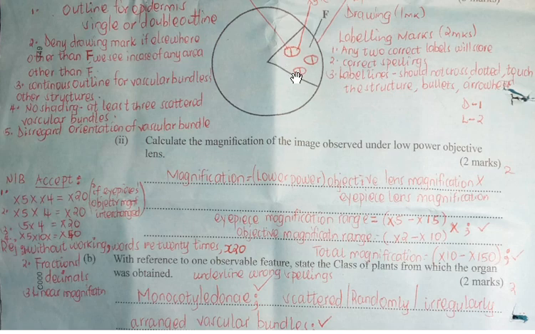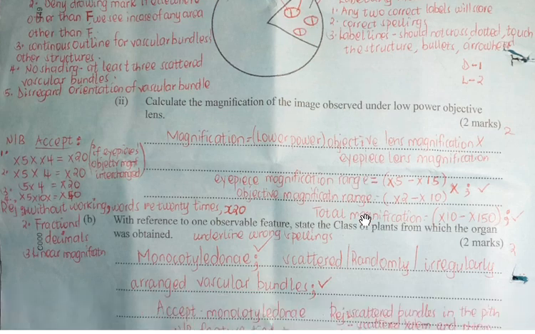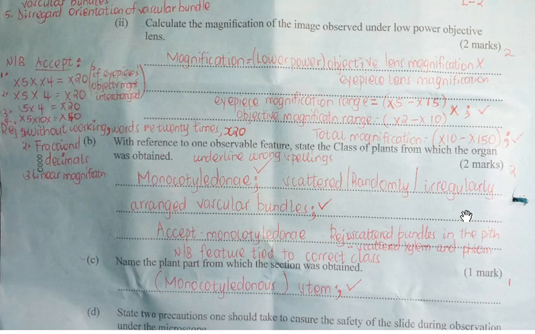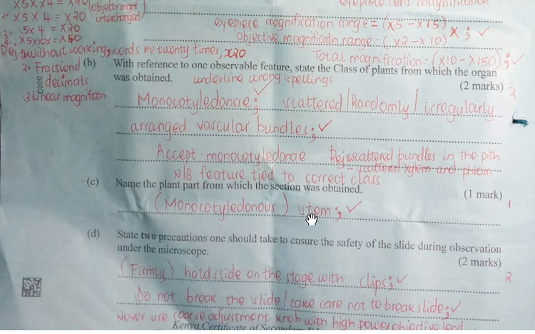In this case, you can see the vascular bundles were scattered or randomly arranged or irregularly arranged. For you to get the reason, you must be able to give the correct class. If you give another class, for example dicotyledonae, it is totally wrong.